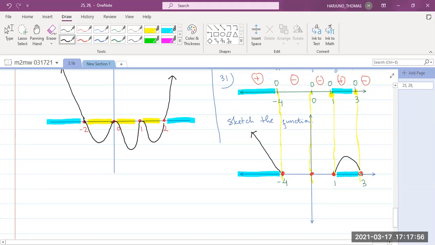Okay, while the one here will be below the x-axis. Let me use green instead. So here below the x-axis, below the x-axis, below the x-axis.